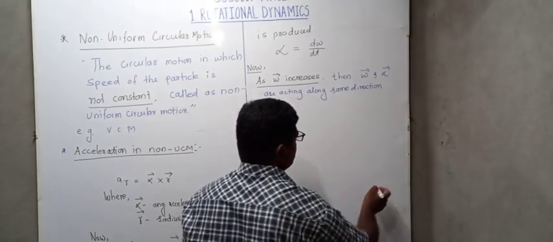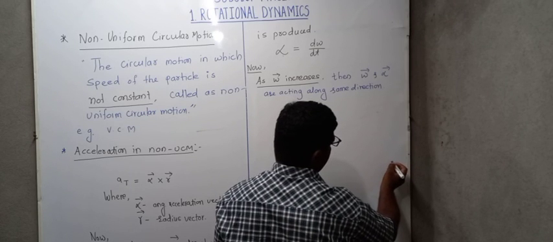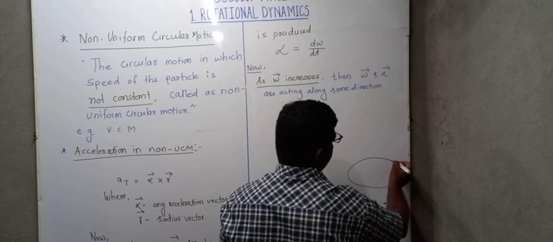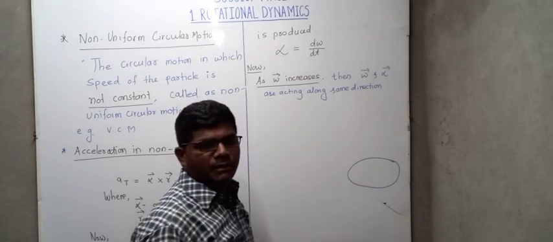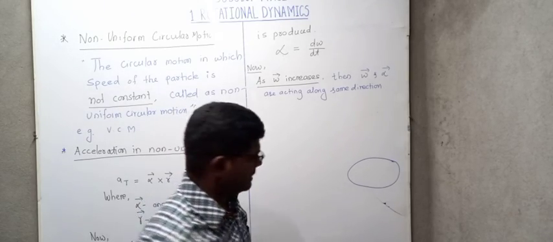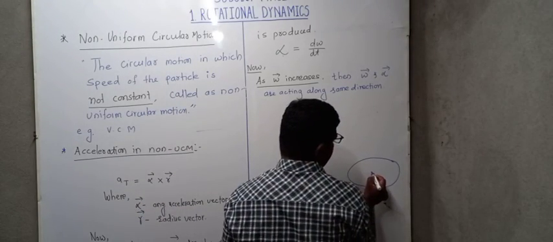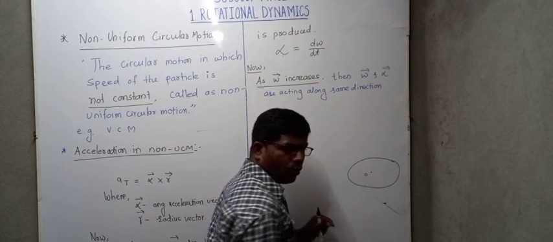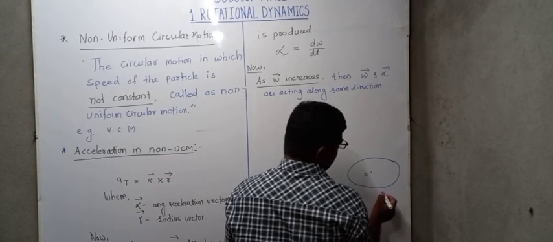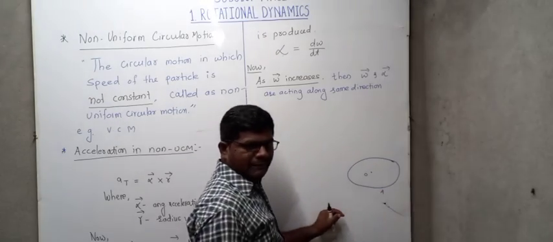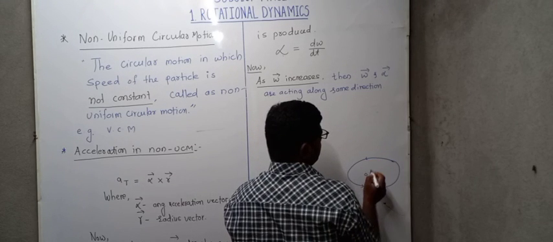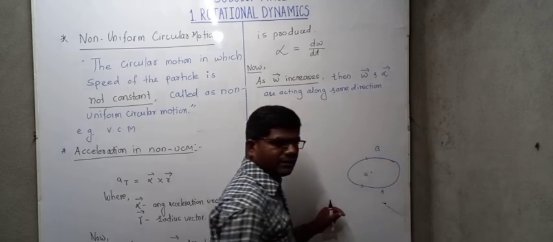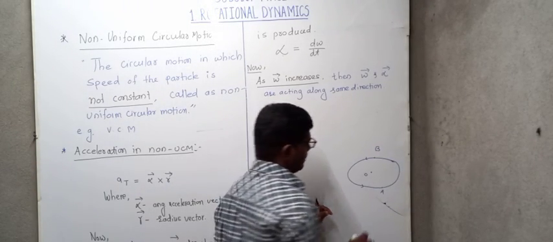Now suppose this is a particle which performs non-UCM. Non-UCM means here the speed of the particle performing circular motion changes continuously. Suppose this is the center, which we call O. Let A be the initial position of the particle, and after some time t, the particle reaches point B during its anticlockwise circular motion.